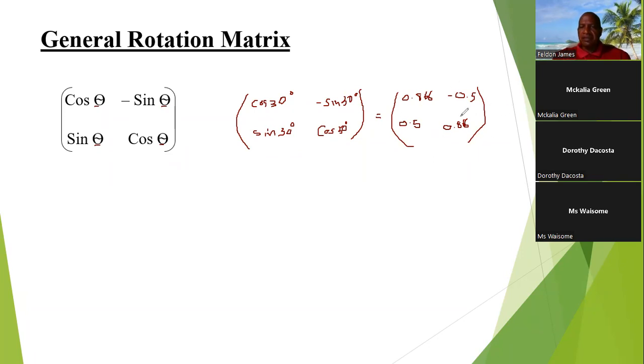And this will now give you the rotation of 30 degrees because that's the angle that you put in. If you put in another angle, for instance, a 60, then the matrix would now allow you to rotate your pre-image through 60 degrees and so on.